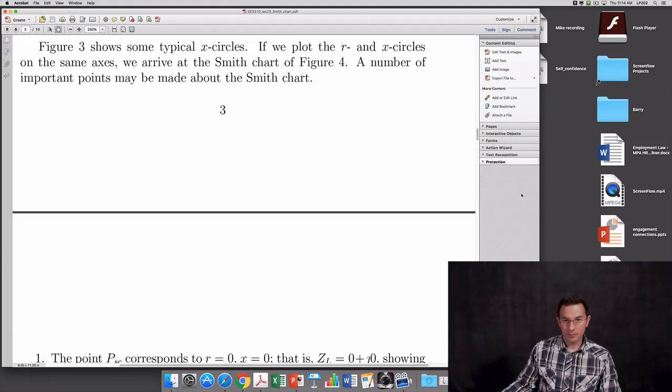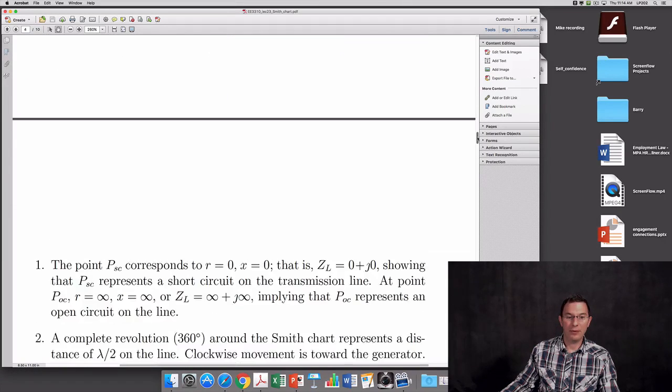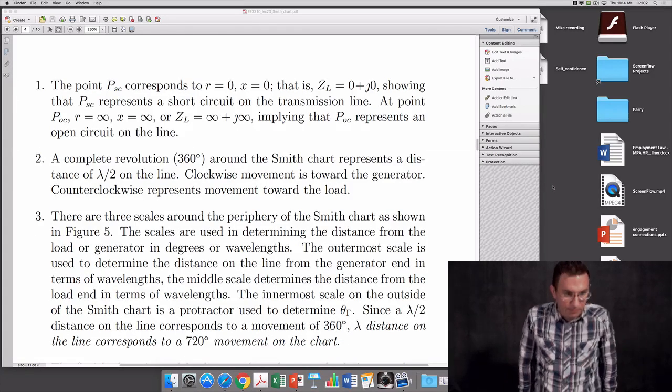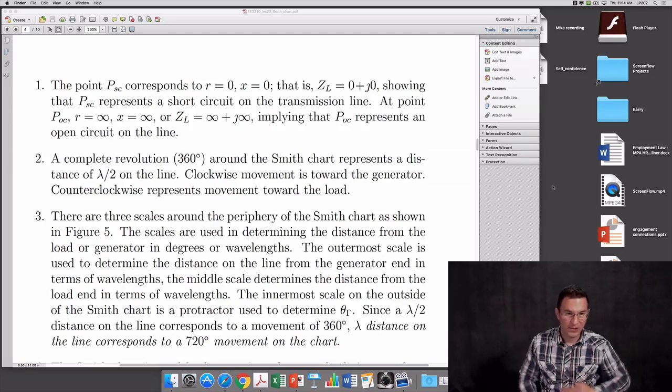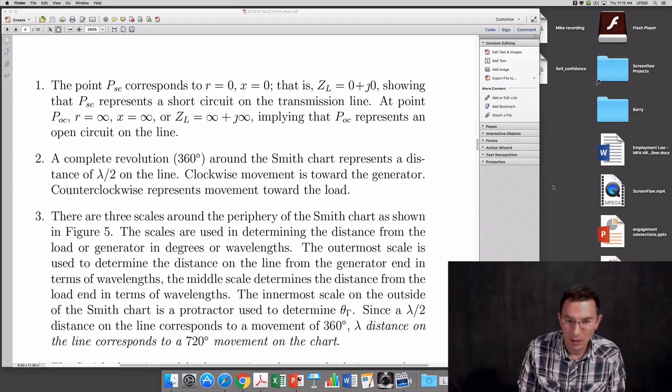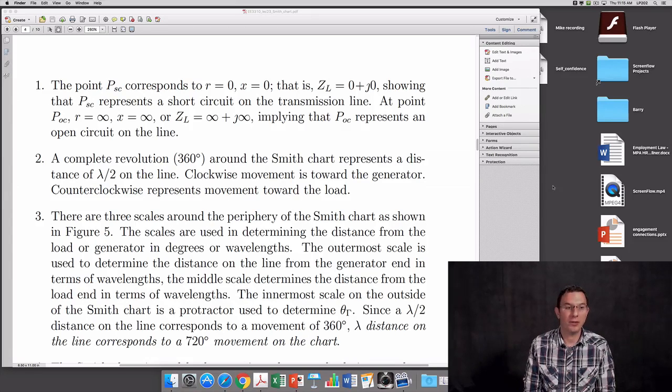There are a number of important things to notice here about the Smith chart. The first one is that the point P sub SC corresponds to r equals 0, x equals 0. That is a load impedance of 0 plus j0, which is the short circuit load point on the transmission line.